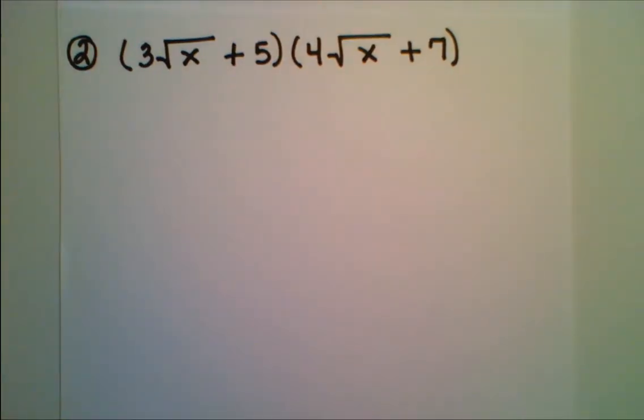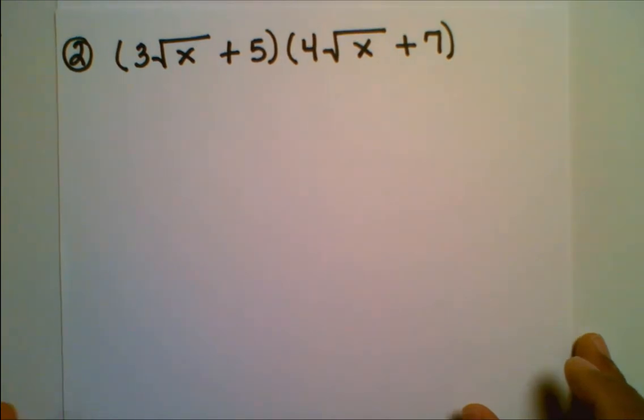Now remember, when we talked about multiplying polynomials in the previous section, whenever you're multiplying two binomials, you're using the FOIL method. What's added to this section is that we have radicals.